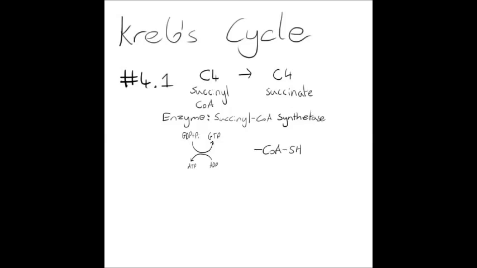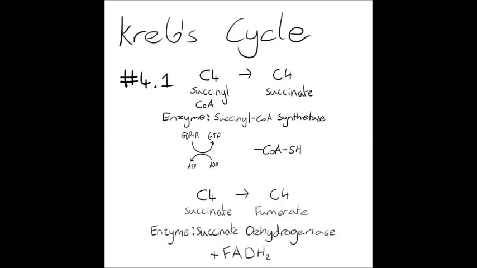Now, we're in section 4, where quite a lot happens. First, succinyl coenzyme A synthetase converts our molecule to succinate. This process removes the coenzyme and phosphorylates a molecule of GDP, which in turn phosphorylates an ADP to ATP. Succinate is then converted to fumarate via succinate dehydrogenase, reducing 1 flavin adenine dinucleotide, or FAD, to FADH2.